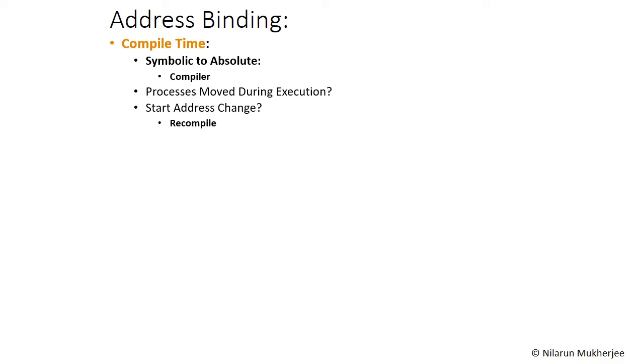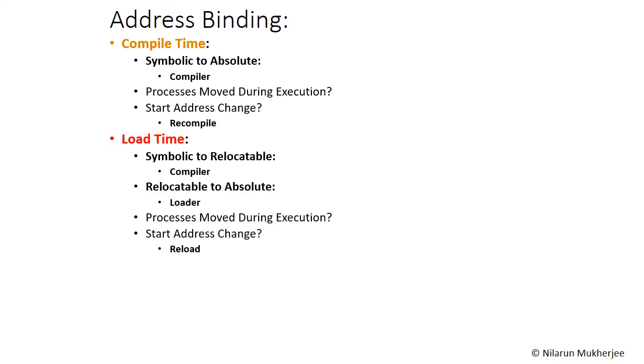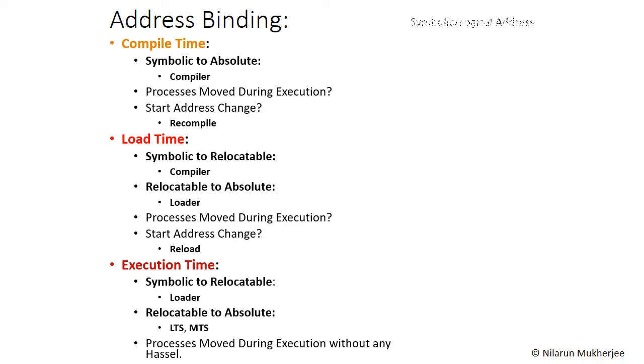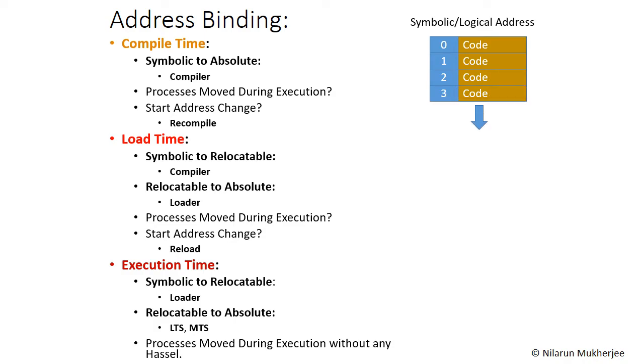There are three kinds of address binding: compile time address binding, load time address binding, and execution time address binding. Let's see with the graphics. Suppose this is the program that we write, our code 0, code 1, code 2, code 3, like that. Whenever we are talking about a process or program, don't consider the program you write in your C compiler or Java compiler.